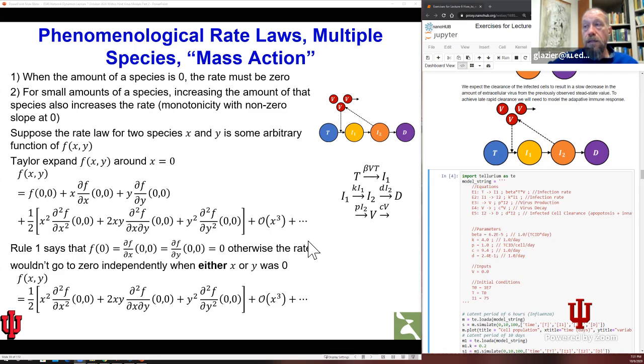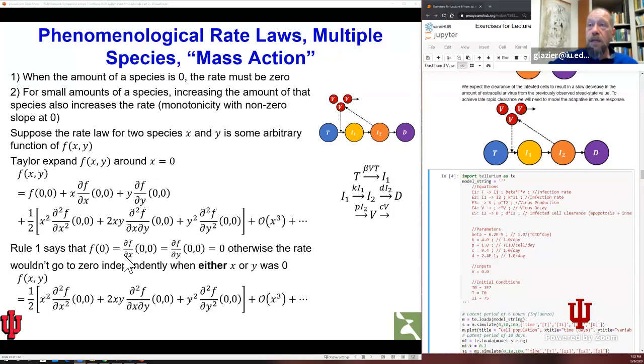Our rule 1 says that f of 0 is 0. That means that f of 0, 0 has to be 0. What's more, it tells us something else. And this is actually typed wrong here. I'm sorry about that.